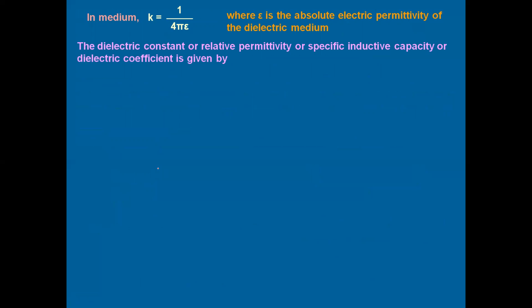The dielectric constant or relative permittivity can be calculated by using the formula: K equal to relative permittivity, that is, permittivity of the medium relative to the free space. So mathematically you can write epsilon r equal to epsilon divided by epsilon naught.